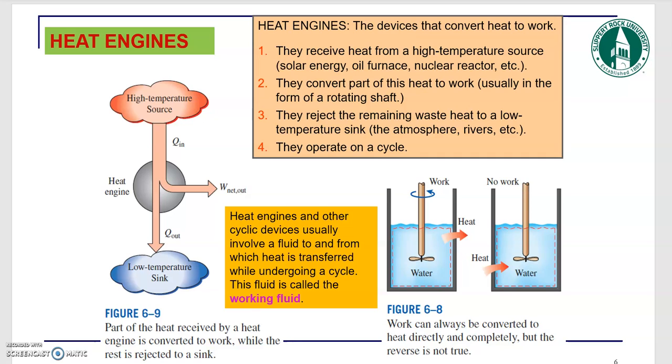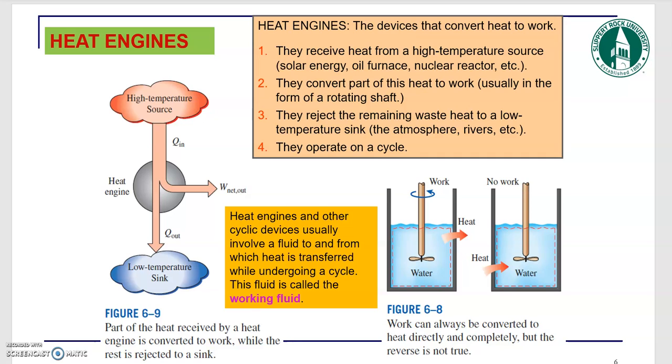But now consider the same system and you add heat to that water. Do you think that paddle will start to rotate? No, right? It has a certain direction. In order to convert this heat to work, you need to have some special device, and that device is called a heat engine. So a heat engine is a device that converts heat to work.